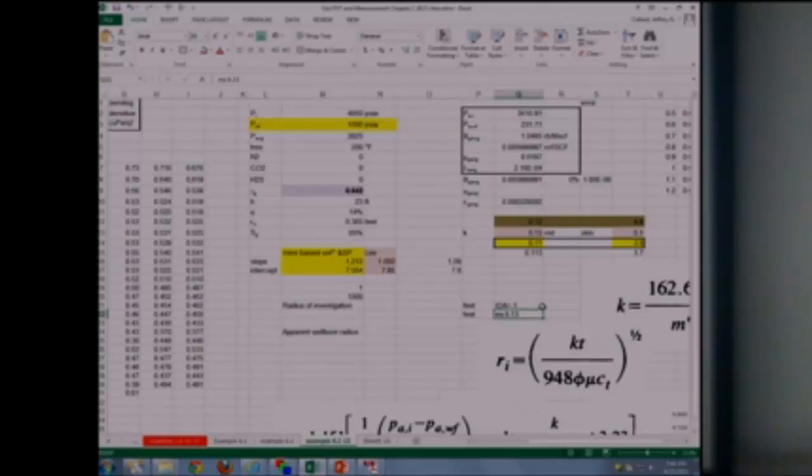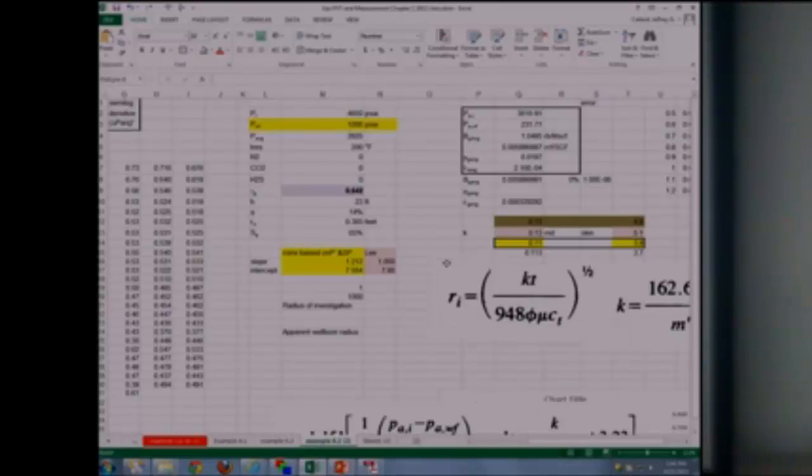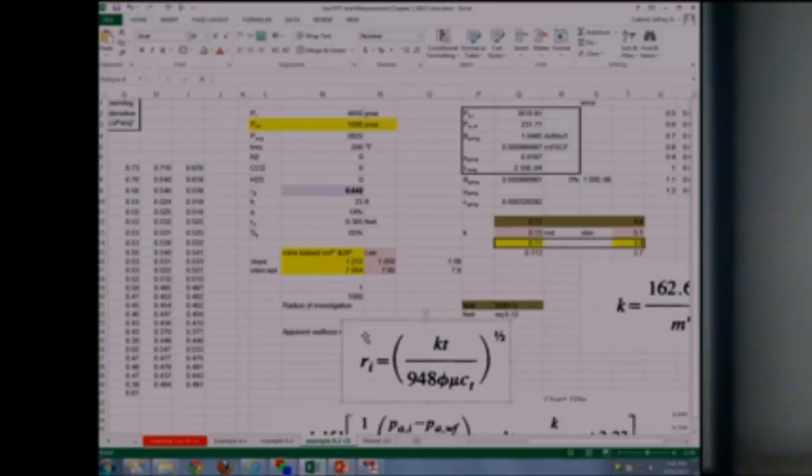I made a typo. Did I give you this spreadsheet? It should be 6.12 instead of 6.13. 6.13 is a buildup, so we're using 6.12. We're not going to worry about this t_CDA of 1. We're just going to calculate one radius of investigation using this equation.